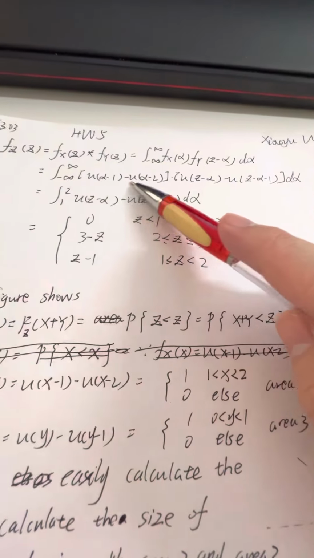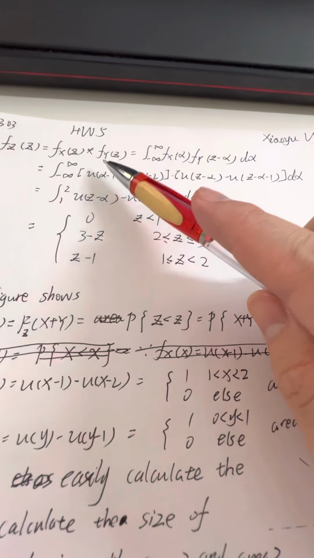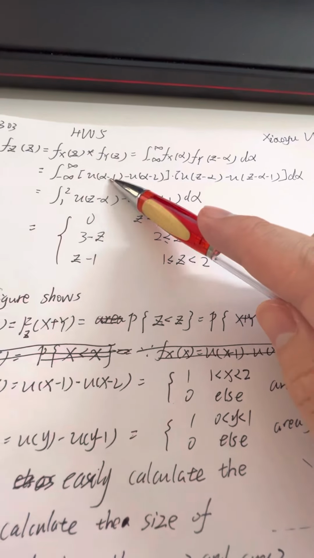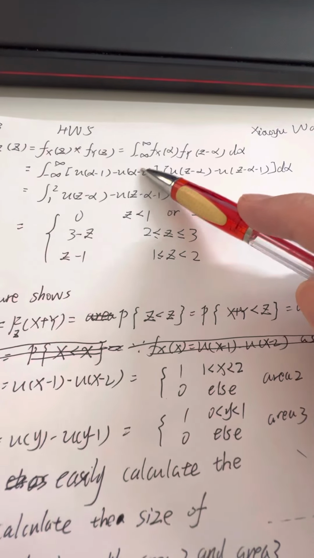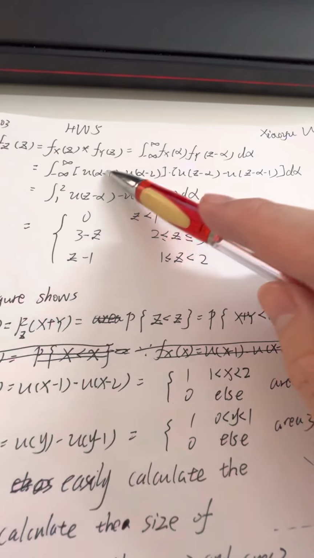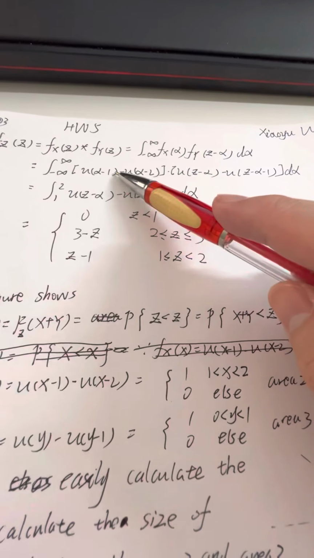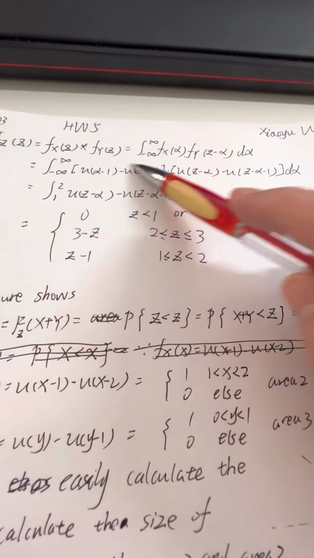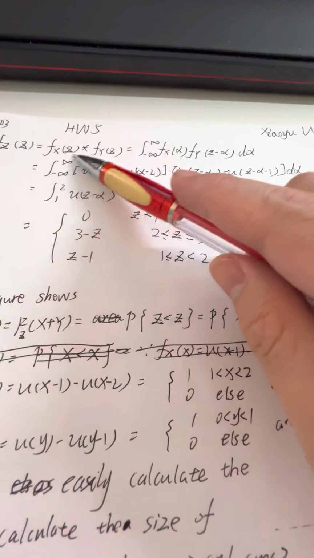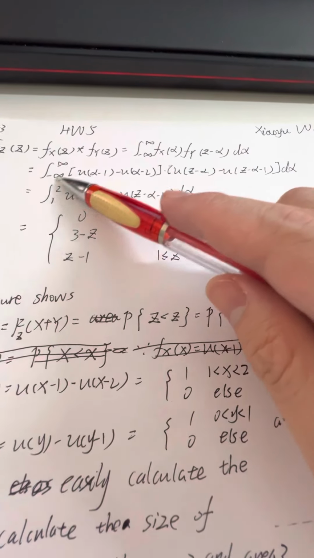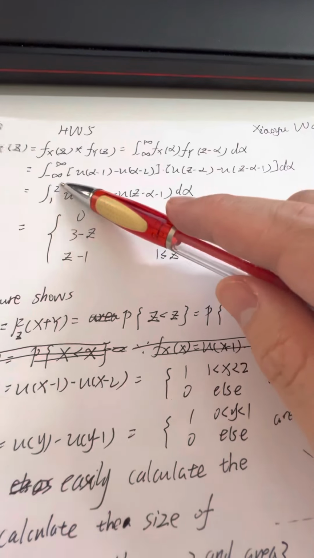We notice that this result equals 1 only when alpha is greater than 1 and smaller than 2, and in the other situations it is equal to 0. So we directly replace the integral upper and lower bounds with 1 and 2.